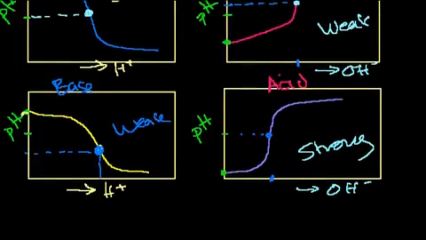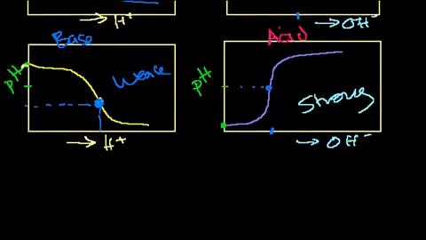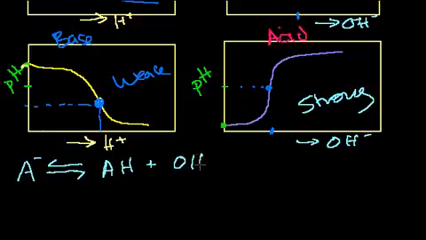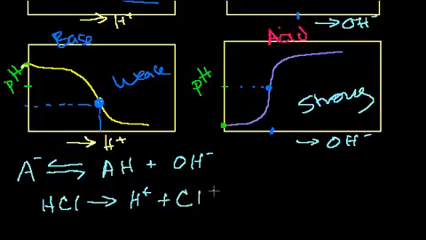And let me actually draw that reaction for you. Remember, a weak base looks something like this. Maybe A minus is in equilibrium with AH. It grabs hydrogen ions from the surrounding water. Everything is in an aqueous solution. So if you add, say, hydrochloric acid to this, remember, HCl dissociates completely into hydrogen ions plus chloride anions.